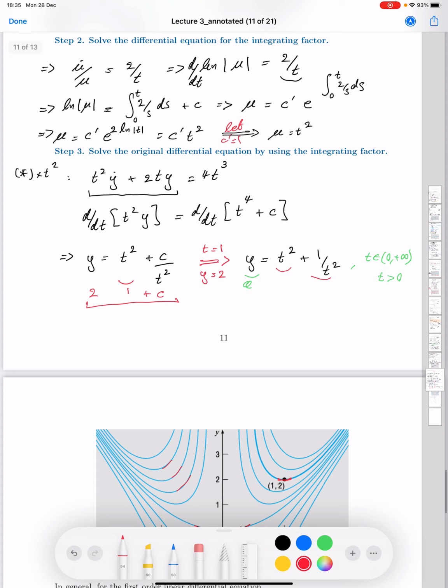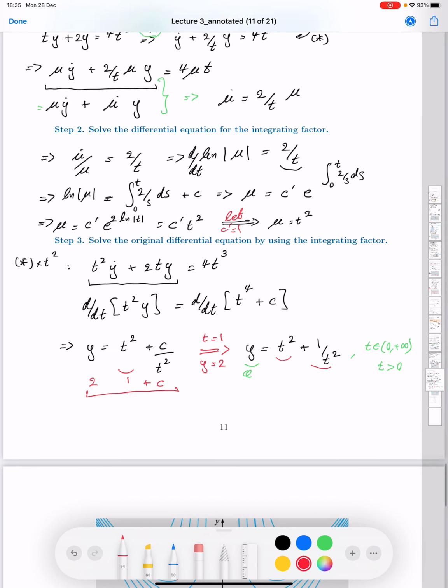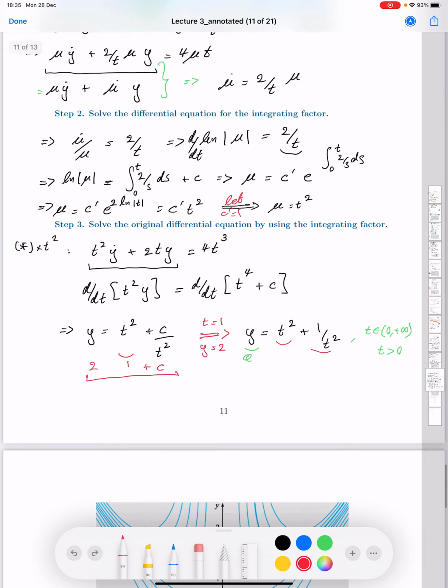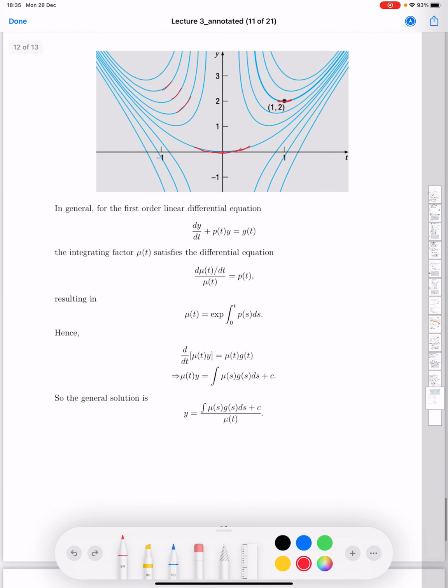Getting back to the main topic, we now know how to solve a first order differential equation even when both this coefficient and this term over here are non-constants, a function of time. That shouldn't be a problem anymore. So in general, going back to my main equation, which was in this form, y dot plus p(t) times y equal to g(t), now I know how to solve it.